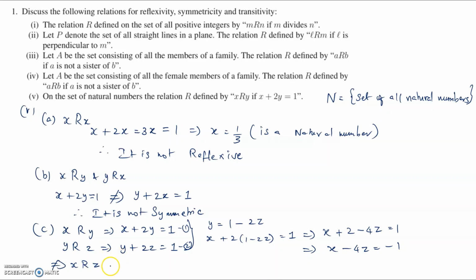Therefore, it is not transitive. Need to add the not here.